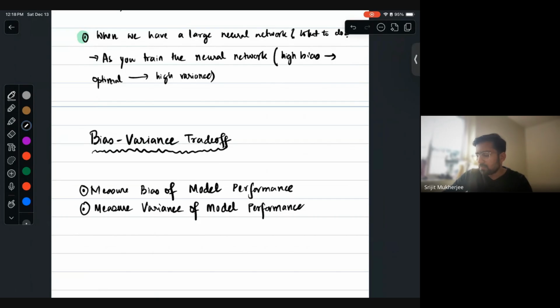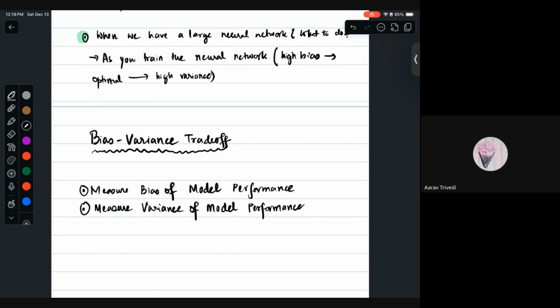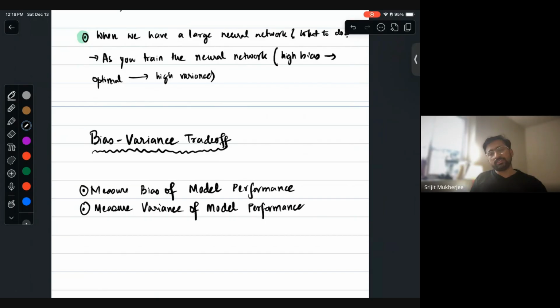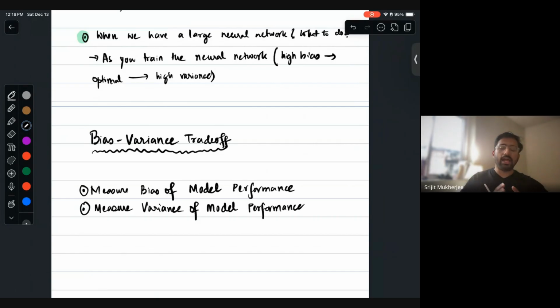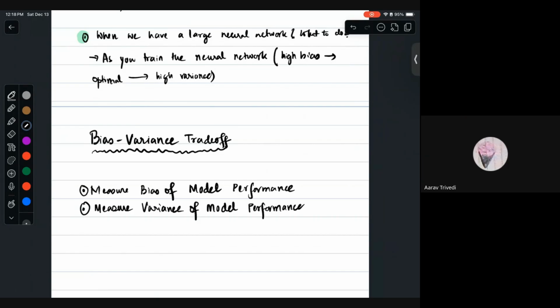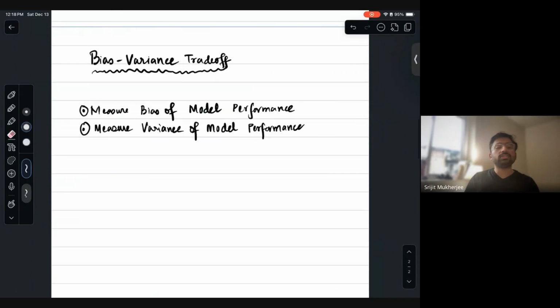That question varies; for a simple model, yes. But what I'm telling you is a bigger general theory. What the other person may have said is for that specific case, probably. But this is a general theory that applies everywhere. Okay. So to do that, we have to measure the bias, measure the model performance or bias.